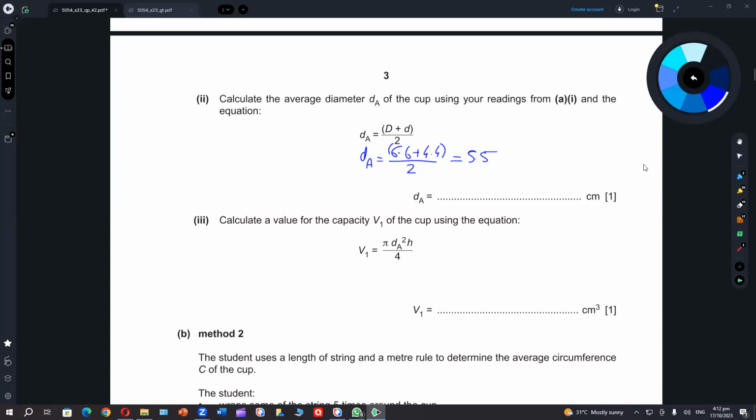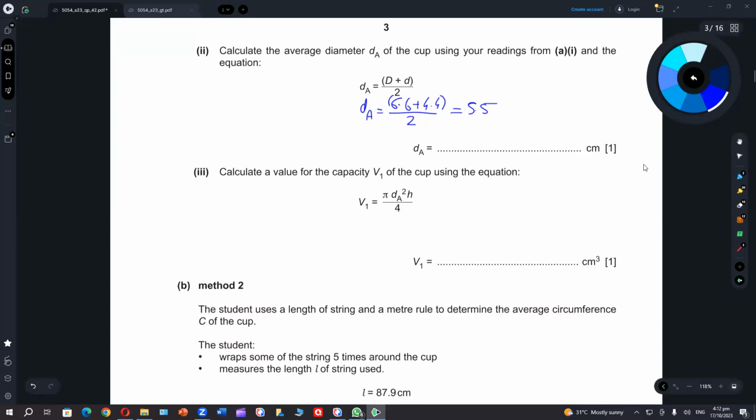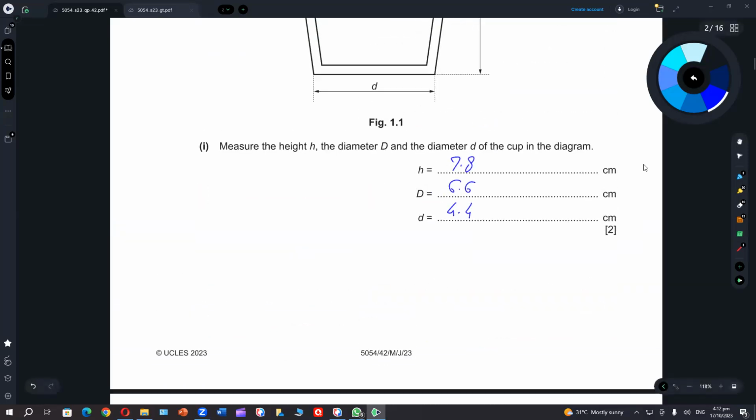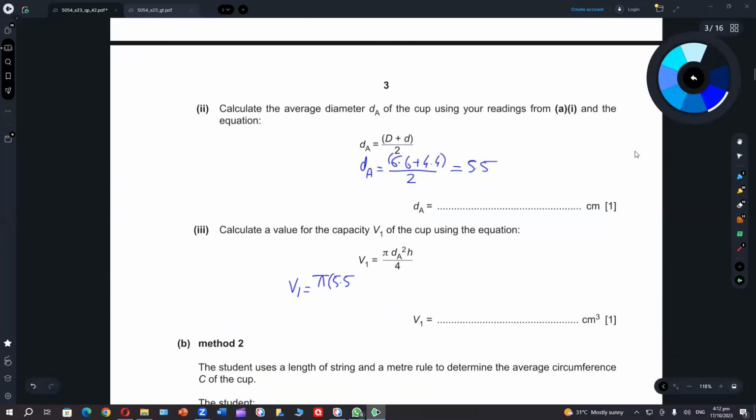Calculate the value for the capacity of the cup using the equation. Can you please check the marking scheme if you have it? What are the marking scheme values of h, D, and d? If you don't have it, we can check it later.